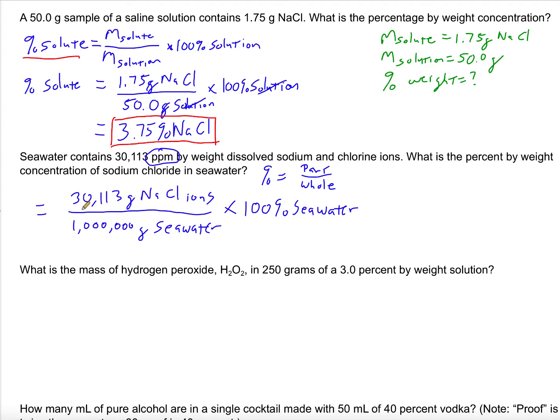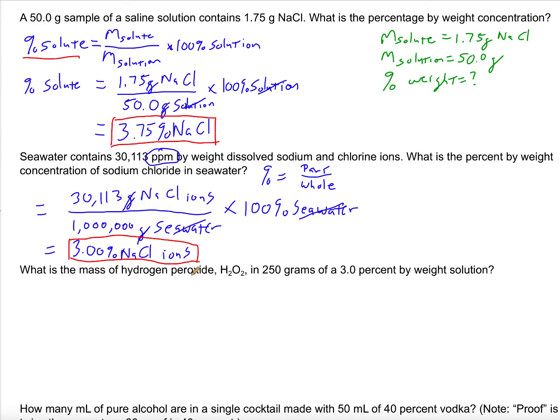When we divide 30,000 by 1 million and then multiply it by 100, the seawaters cancel and the grams cancel, and that simply gives us 3.00% sodium chloride ions. That gives us our answer of 3% sodium chloride ions.